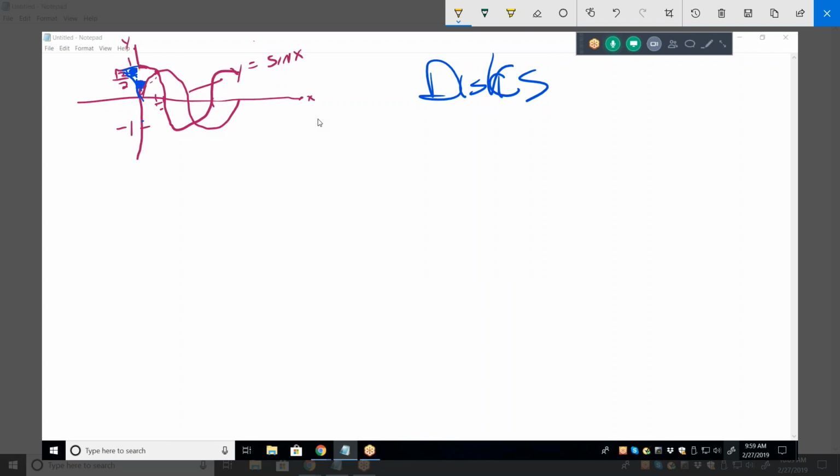The radius is what right there? Cosine x. That's the y value. Oh, pi over 4. Here's our equation. At where I've drawn the yellow line, y equals cosine x.